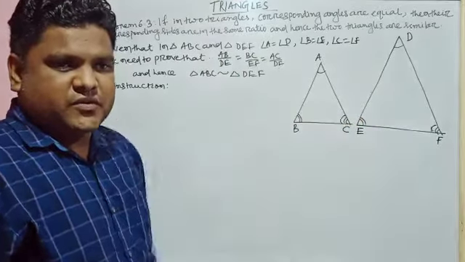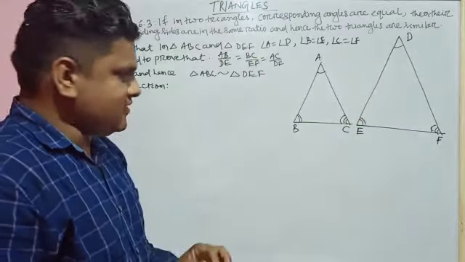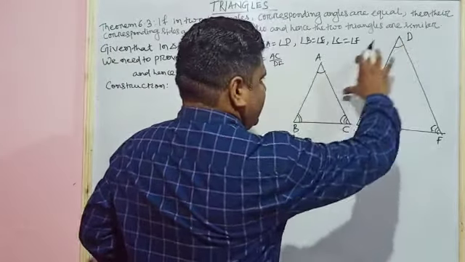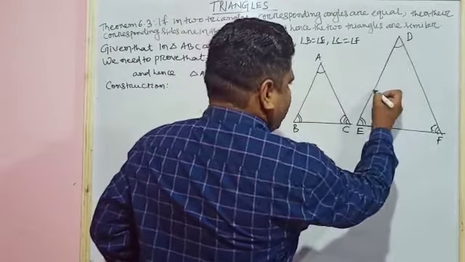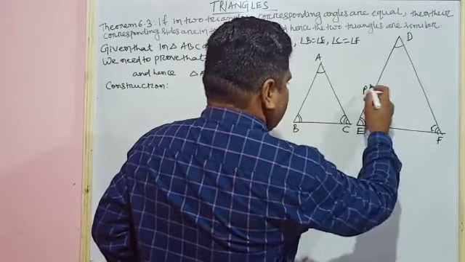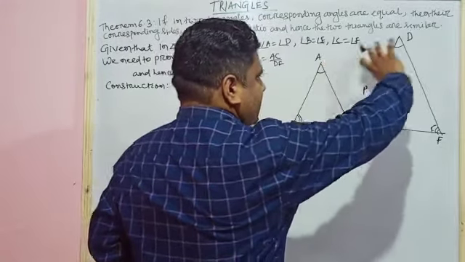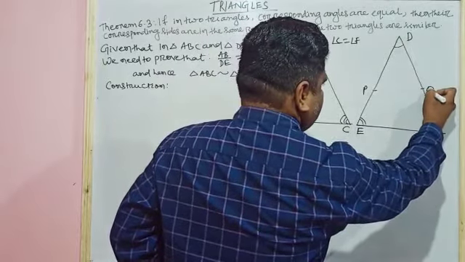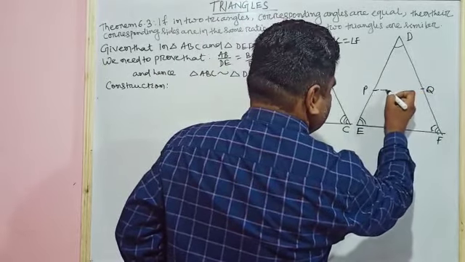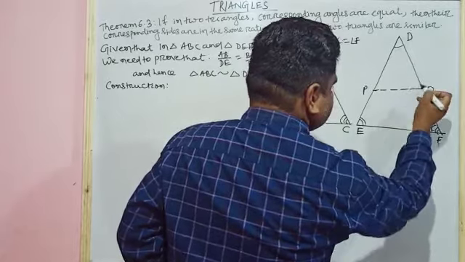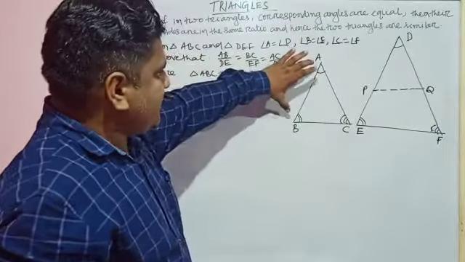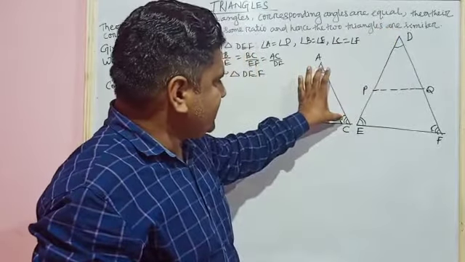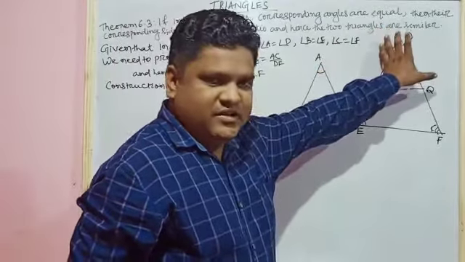So for this purpose, we need to do some construction, that is cut DP equal to AB, and DQ equal to AC, and join PQ. We have to take the length of AB and cut DP, and we have to take the length of AC and cut DQ.